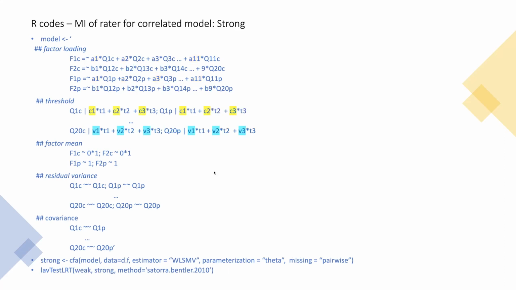Next, once you have established that, you want to move on to strong. So you keep the constraints that you previously set. Now you want to constrain the thresholds. I have 4 levels, so there are 3 different thresholds. Each threshold is the same between the child and the parent.